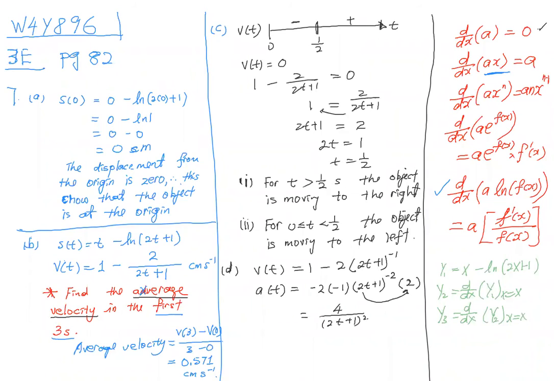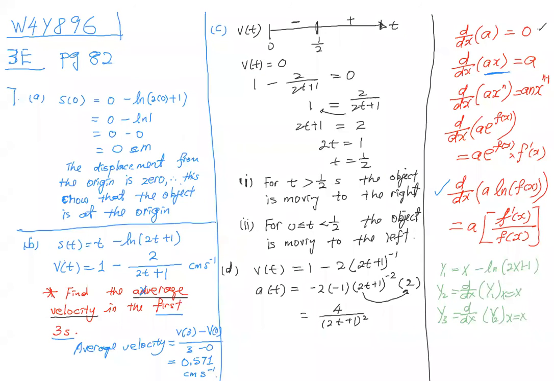Okay, so now how am I going to show that acceleration is positive for all t greater than 0? How am I going to show this, class? So can I have Kiko to tell me how to show this?